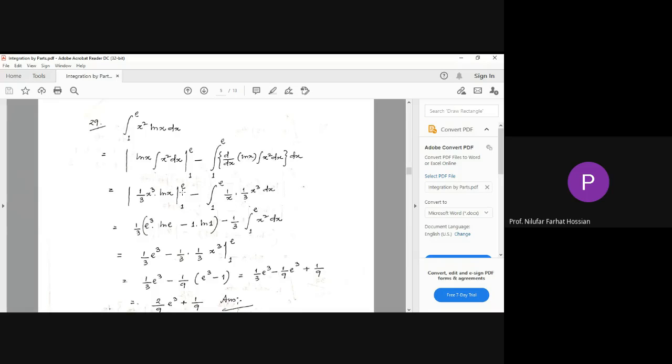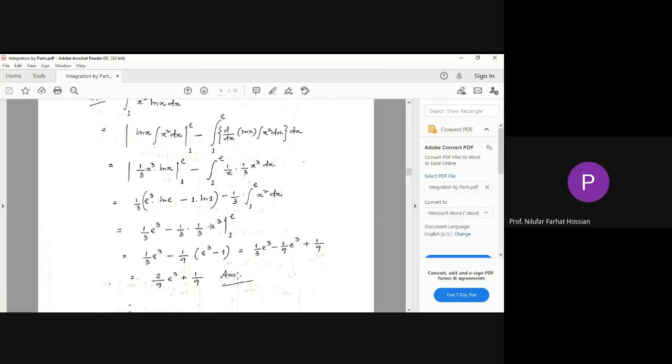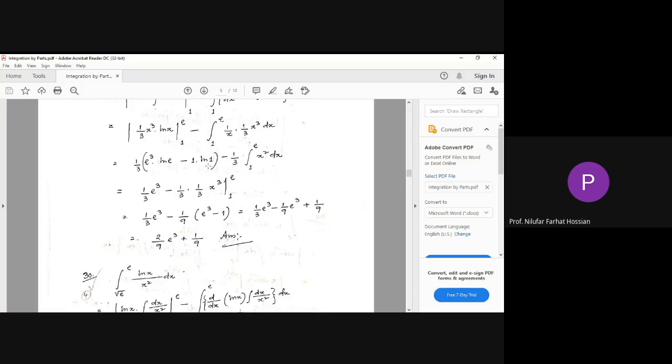Now if you put the limits here, you can put this 1 over 3 outside, it will be e cube into ln of e minus 1 cube means 1 into ln of 1. And you know ln of 1 is 0. Do you know it? Ln of 1 is 0, and what is the value of ln of e? 1. Yes.